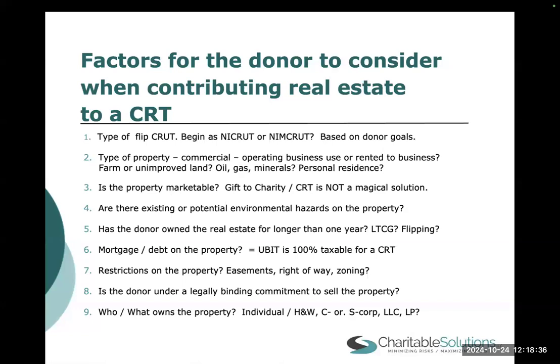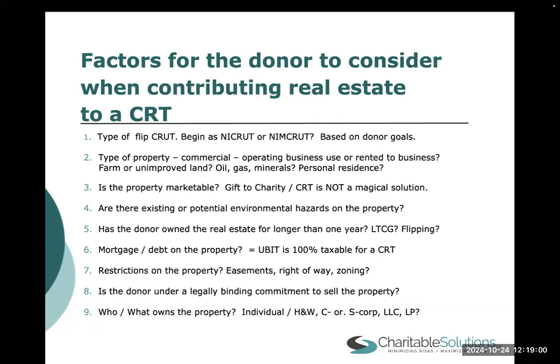But because we set up the CRT to pay 5% in the previous example, and it may take a couple years, maybe 3 years, before the trust flips, if you set it up as net income with makeup, then you have to pay out the 5%, or up to whatever difference is between what was paid and the 5% in those previous years.